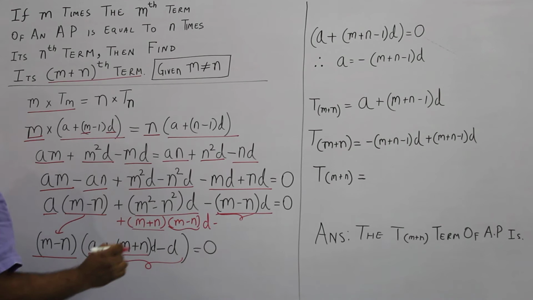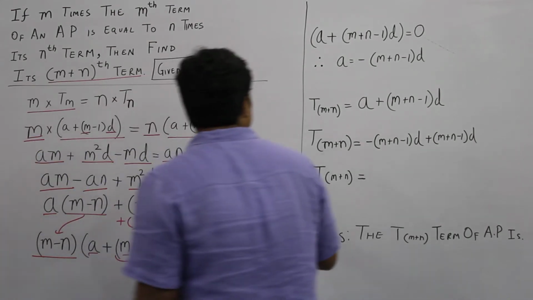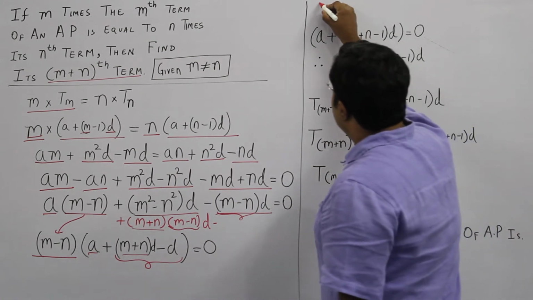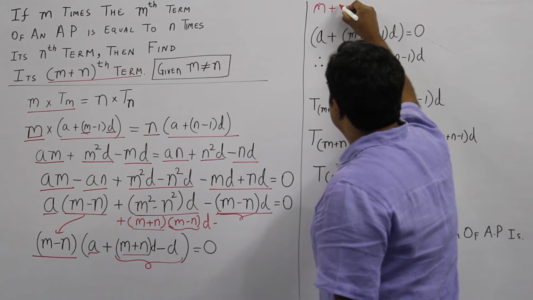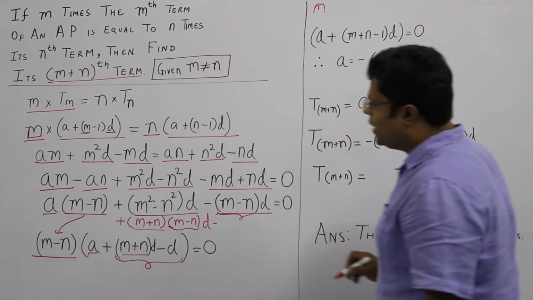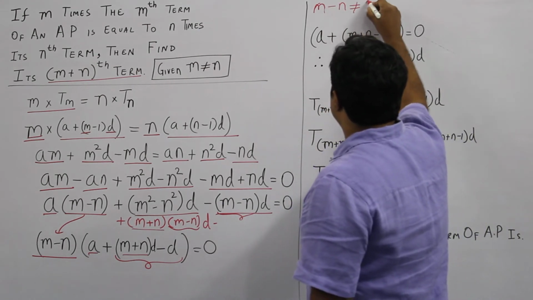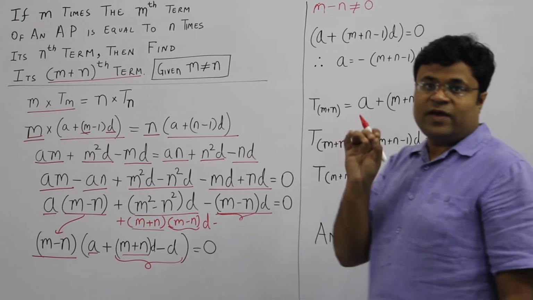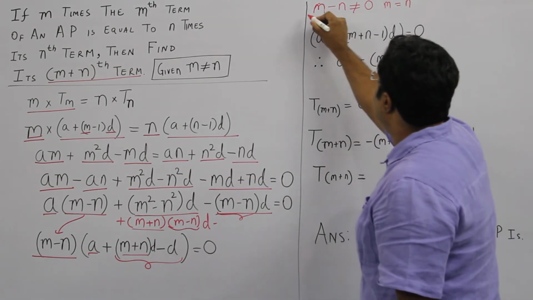From these two terms also something can be taken common. First thing we write: since it is given that m is not equal to n, m minus n cannot be equal to 0, because if m minus n is 0, then m is equal to n.